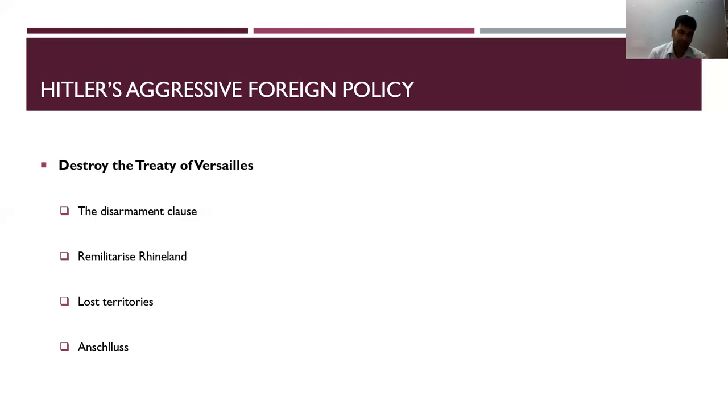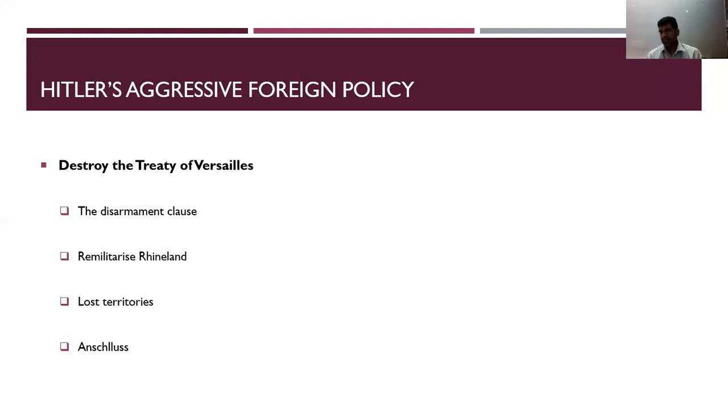The same was applied on the Austrian side when they signed the Saint-Germain Treaty, which stipulates that Austria cannot merge or have an Anschluss with Germany.